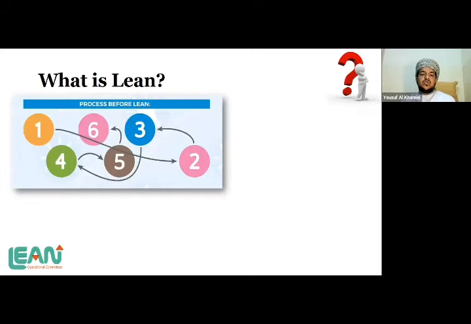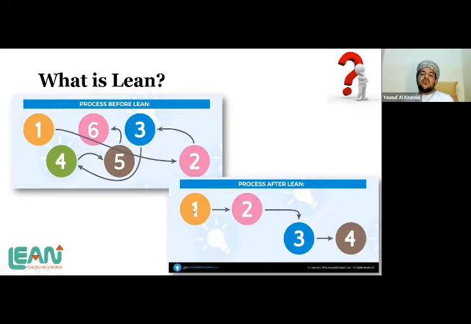Our current process is also mixed across different areas in different departments. So our patients are not happy to move from point 1 to point 2, crossing all over points 6, 3, and 5. We want our process to be in a sequence, moving from 1 to 2 to 3 to 4.